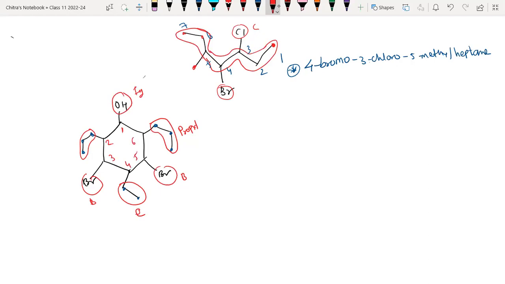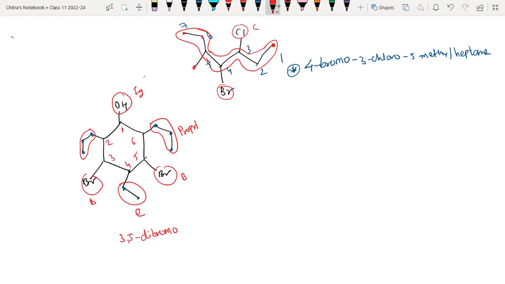Now we have to write the name of bromine first because it is first in alphabetical order. It is on 3 and 5. So 3, 5, 2 times so we write di, and the group is bromo, so dibromo. Next we have E, because P comes later.